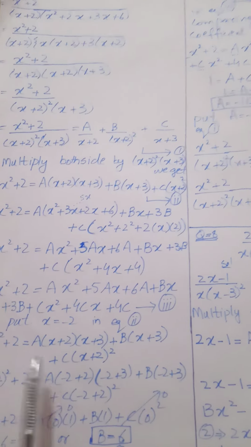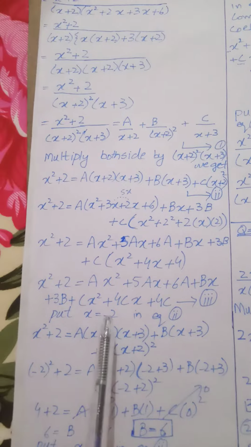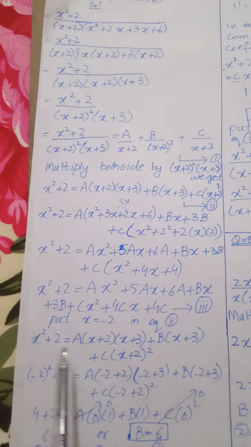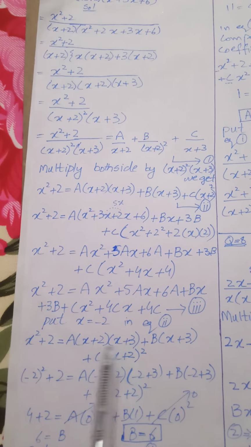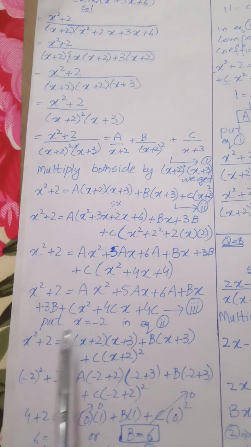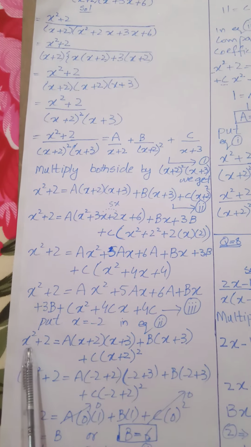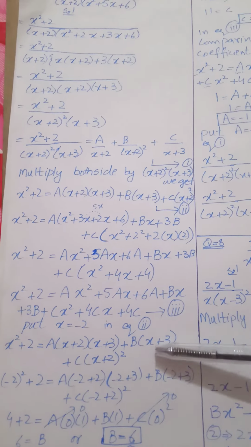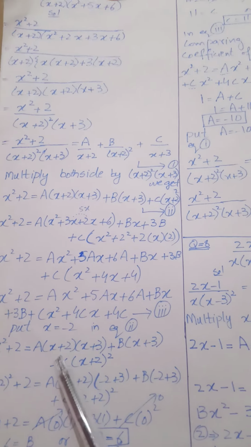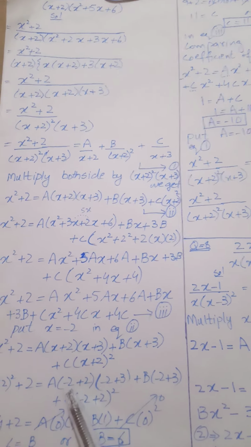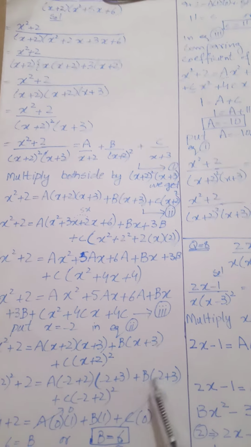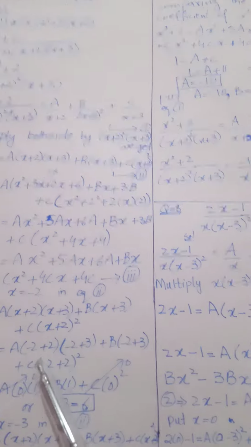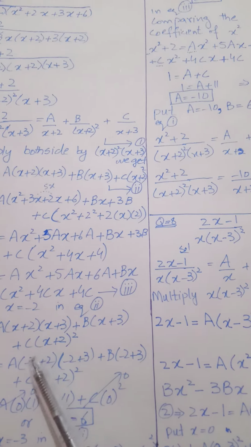Now if we put x is equal to minus 2 in equation number 2, this will be x square plus 2 a into x plus 2. We write the same equation 2 over here. When we put x is equal to minus 2 in this equation, minus 2 plus 2 will be 0.